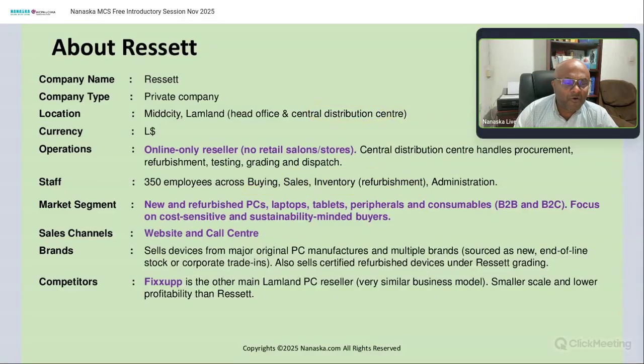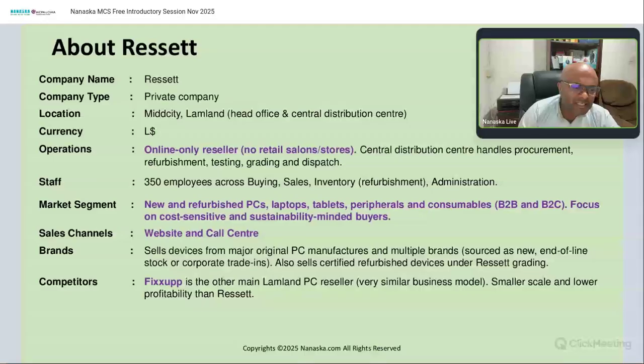So if you really want to know what our company is all about, we sell new and refurbished personal computers, laptops, tablets, peripherals and consumables, focused on cost-sensitive and sustainability-minded buyers.